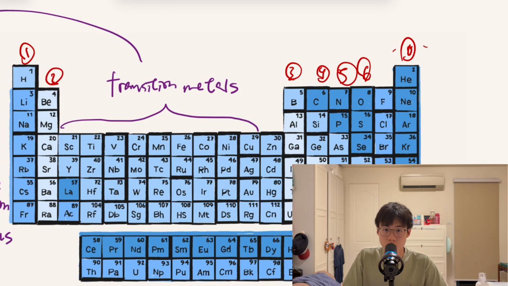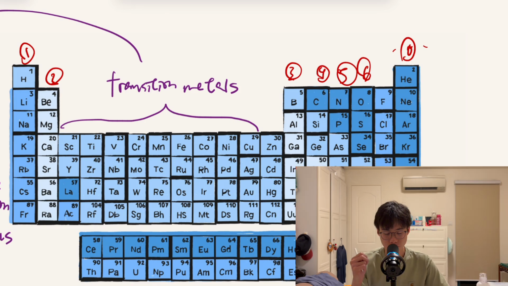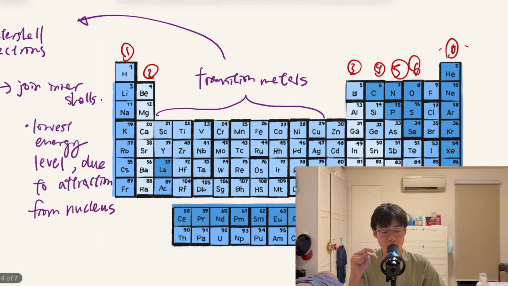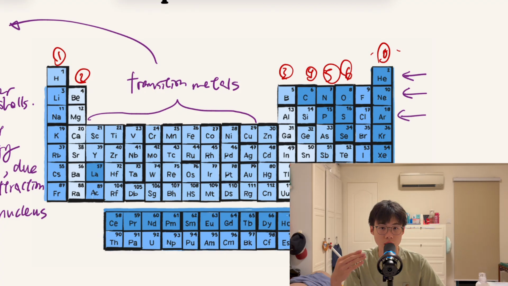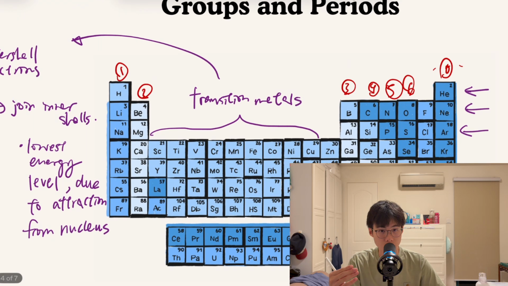And neutrons are neutral and protons are positively charged. So electrons join inner shells instead of outer shells because less energy is needed to join inner shells, because the nucleus is positively charged, and therefore when you gain electrons, electrons would naturally go to a lower energy state.